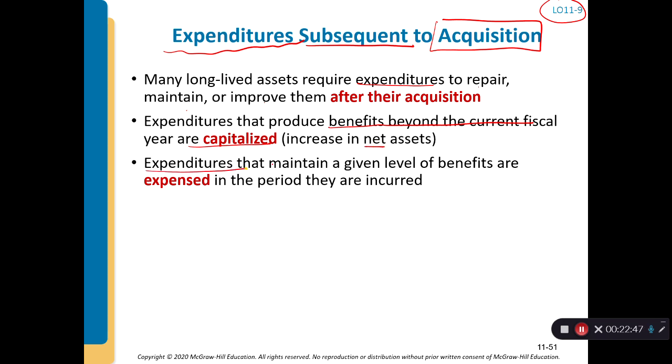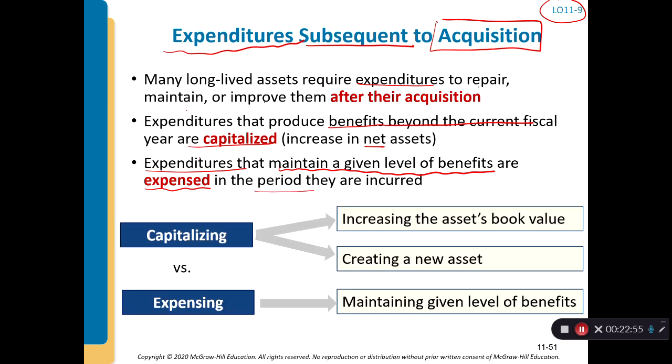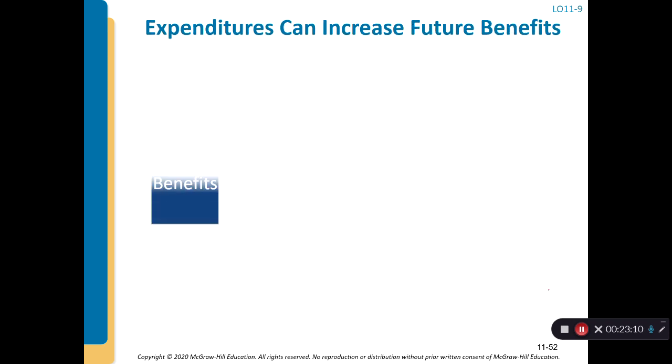However, expenditures that maintain a given level of benefits should be expensed in the period they are incurred. In other words, we capitalize subsequent expenditures when they increase the asset book value or create a new asset, and we expense them when they maintain the given level of benefits.